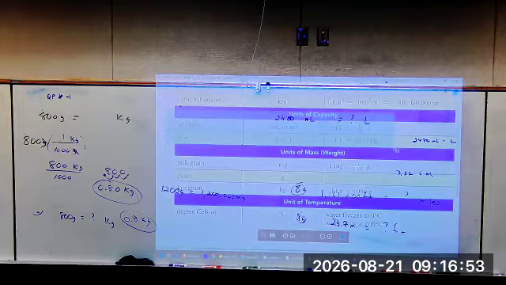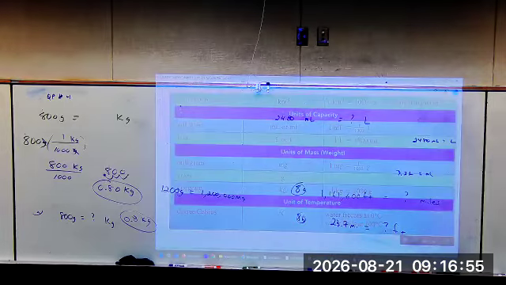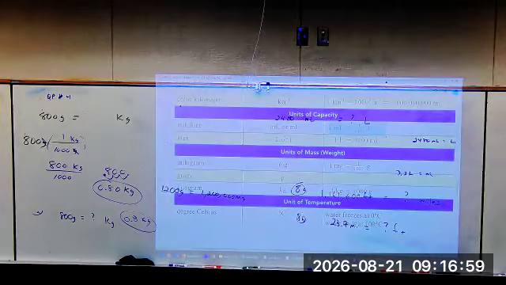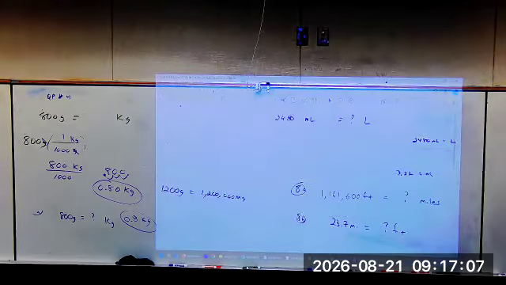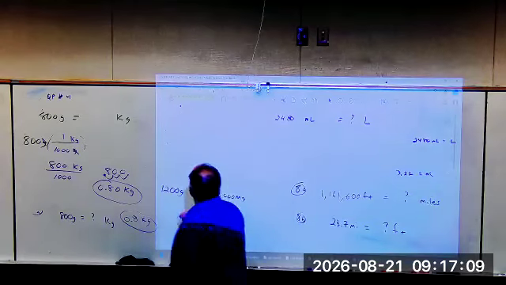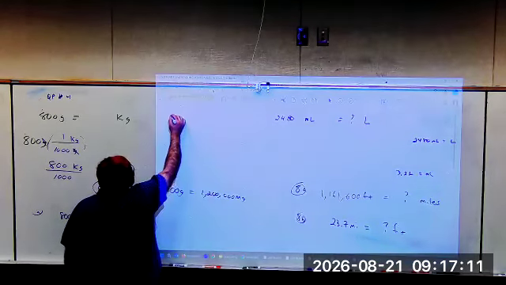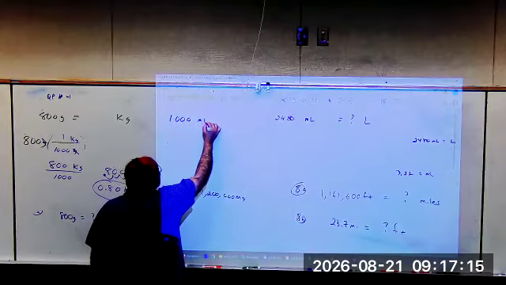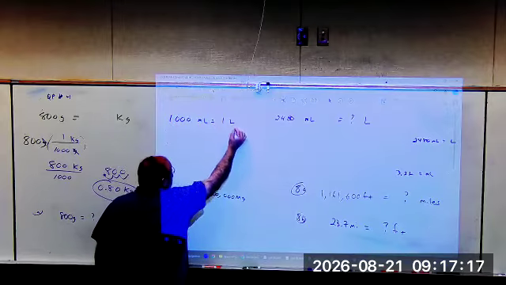Milliliters into liters, right here, and then down here, liters into milliliters. And the connection is 1,000. There's 1,000 milliliters in 1 liter.